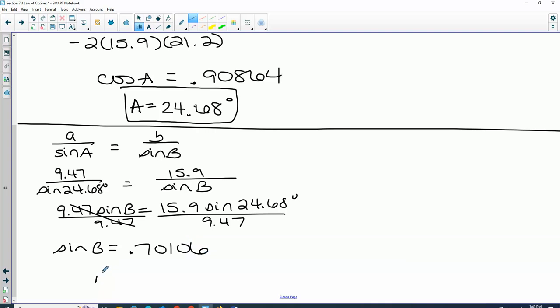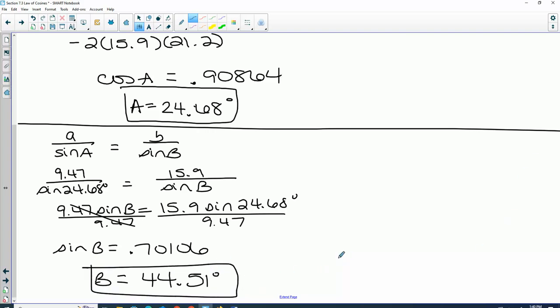Get sine of B to equal 0.7106. Then you have to do sine inverse. And if we do that, we get 44.51 degrees.